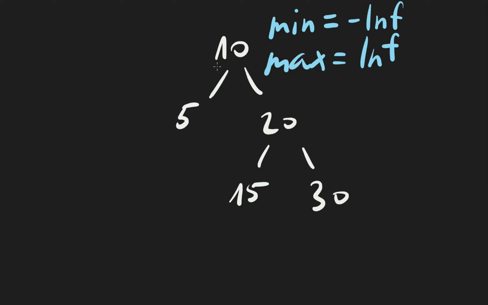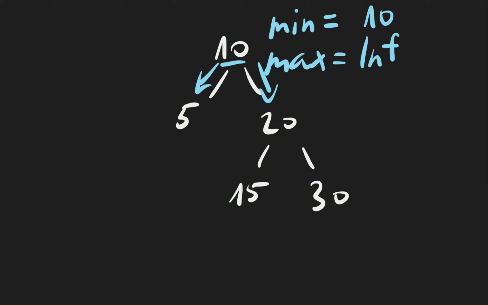If you're going from 10 to the left, the min stays the same, and you would change the max to 10. And likewise, when you traverse the right children, the max stays the same, but the min would change to its parent, which is 10.